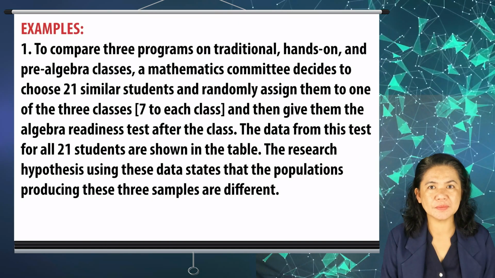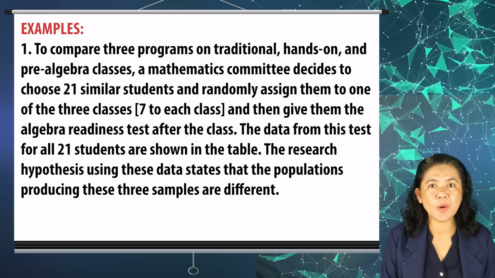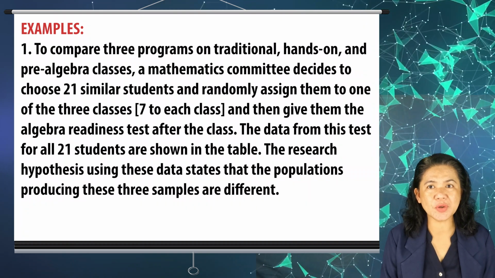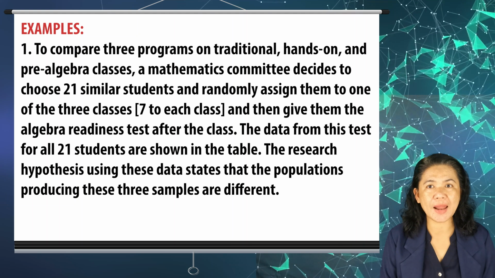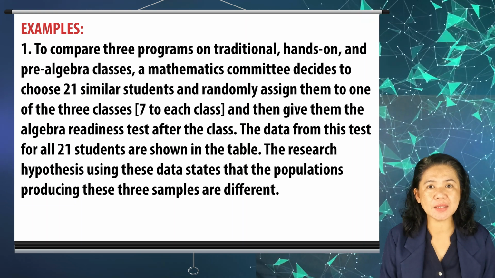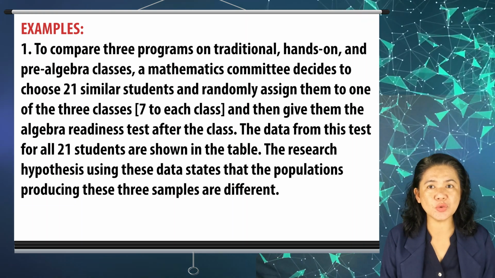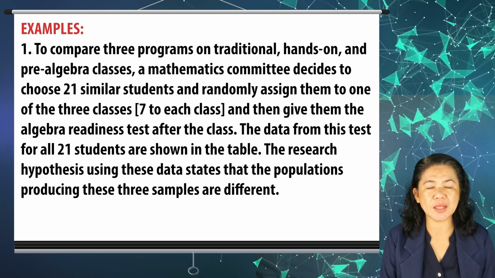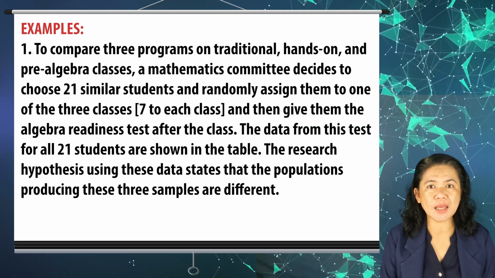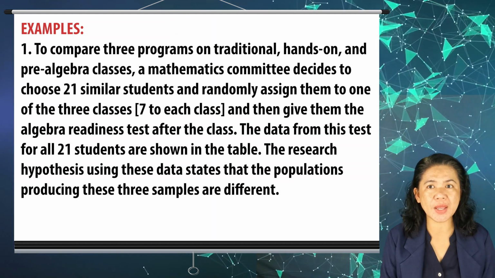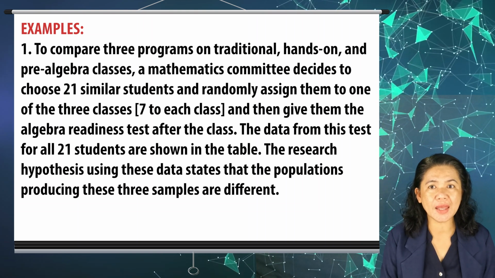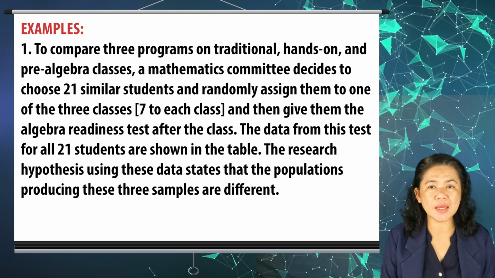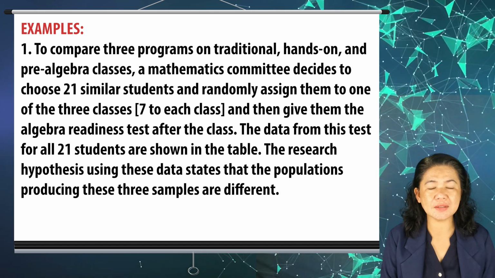Examples. To compare three programs in traditional, hands-on, and pre-algebra classes, a mathematics committee decides to choose 21 similar students and randomly assign them to one of the three classes, 7 to each class, and then give them the algebra readiness test after the class.